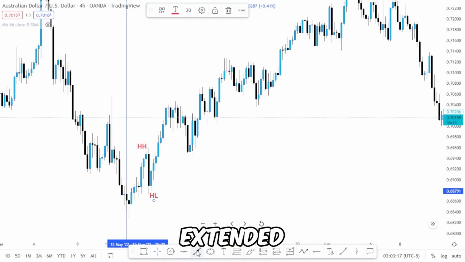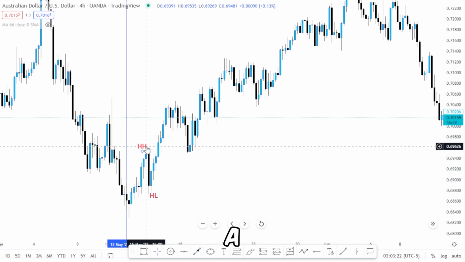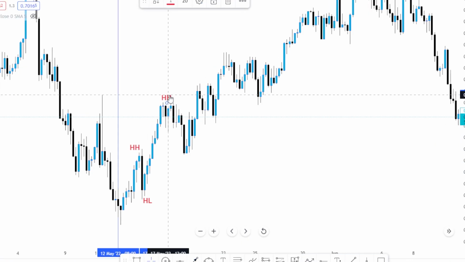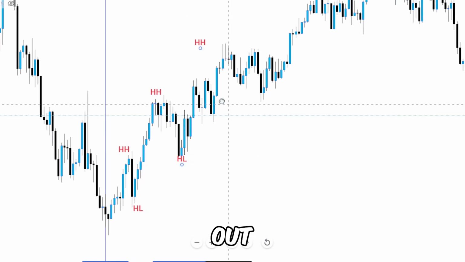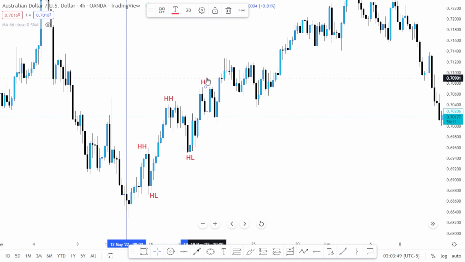Now market extended to the upside once again, and we have the creation of our next higher high. Then market made a pullback and created a higher low. Structure playing out again, guys. So market extended once again to the upside and created another higher high right here.